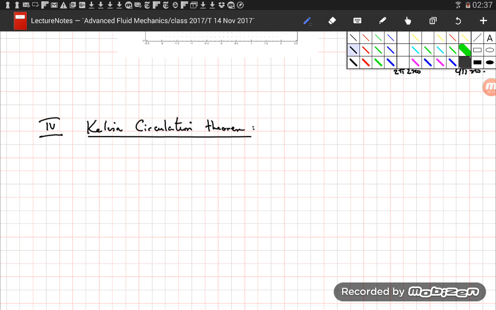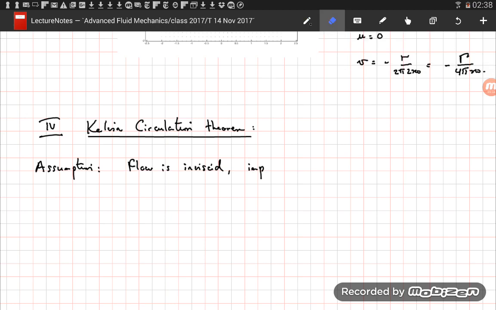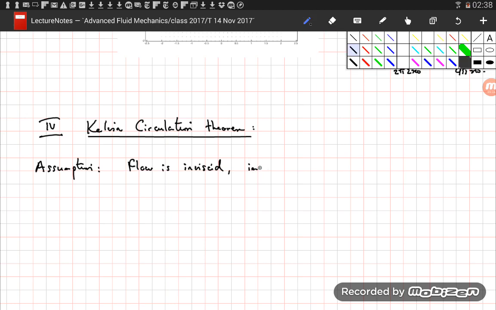So for the Kelvin circulation theorem, we assume that the flow is inviscid. So there are a few assumptions. We assume the flow is inviscid, incompressible, that the external forces are conservative.